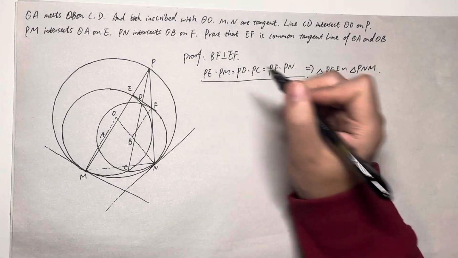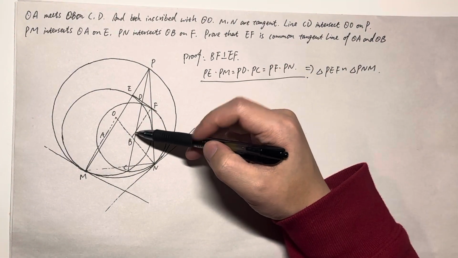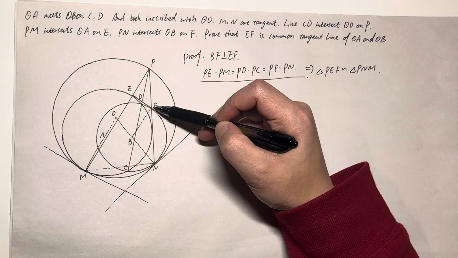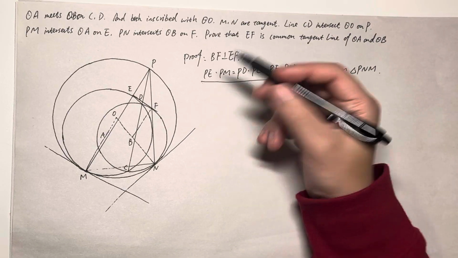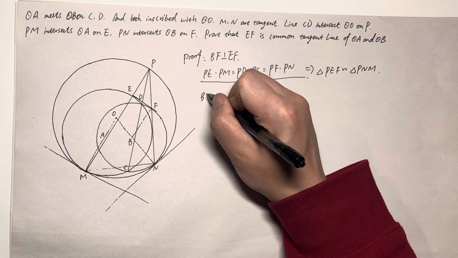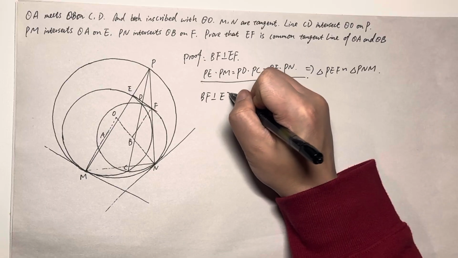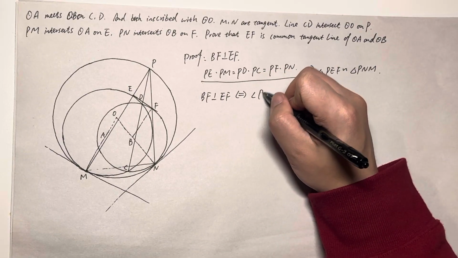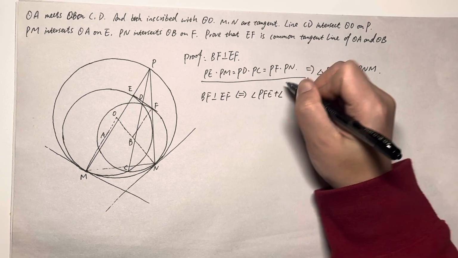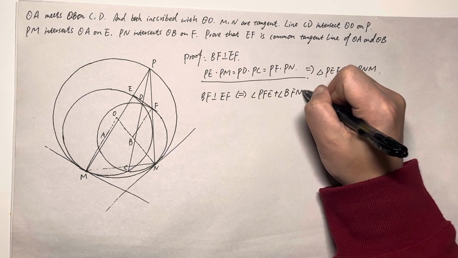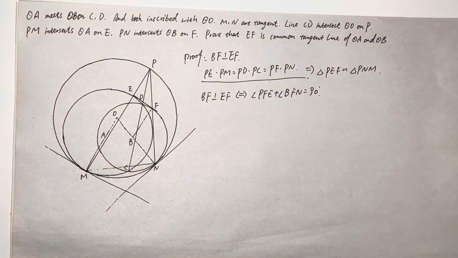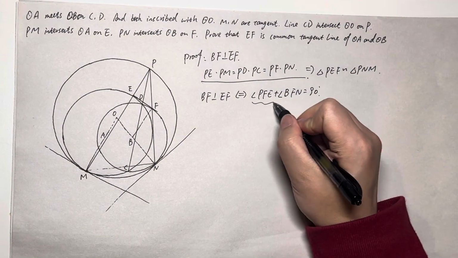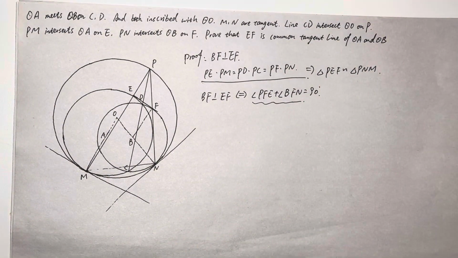Now, we want to prove BF is perpendicular to EF, which is equivalent to proving that angle PFE plus angle BFN equals 90 degrees. So let's try to find if it's true.